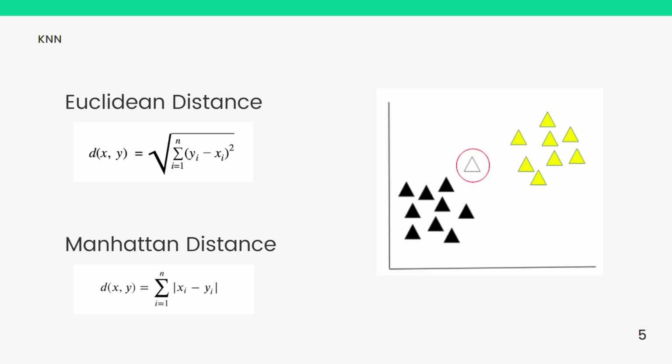You can see the formula over there. It takes the square root of the squares of the differences. So that is the Euclidean distance, and Manhattan distance is nothing but the absolute distance between the two numbers.